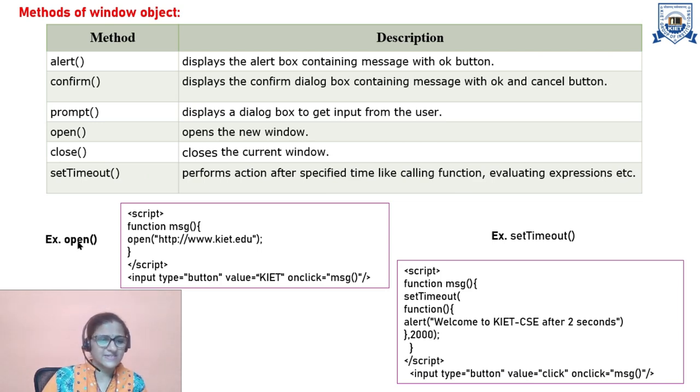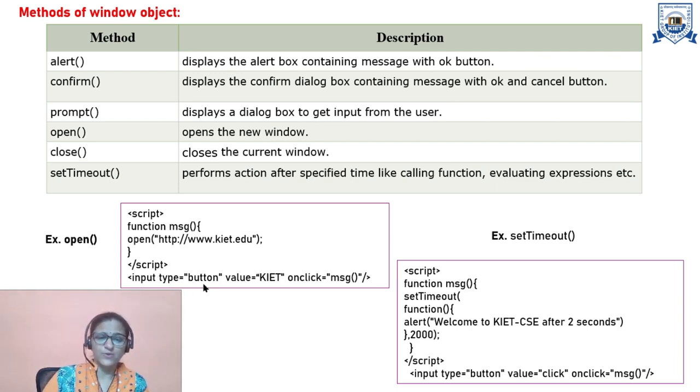Now take an example of open. Here we have created a message function, and whoever calls this function msg, it will open http://www.kite.edu.